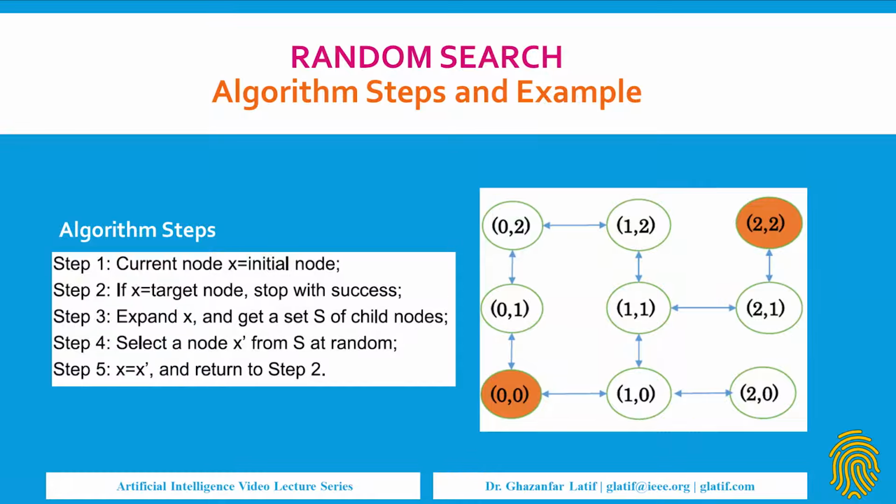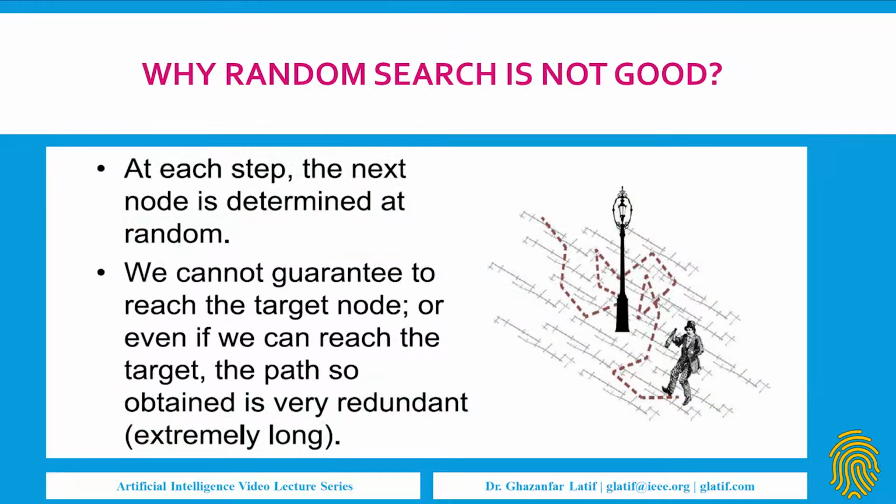Let's solve one example for it. I will try to solve the same example, but before that, let me show one more slide. It is about the problems in random search, why it is not good. We already discussed the points, but let me repeat them. At each step, the next node is determined at random.